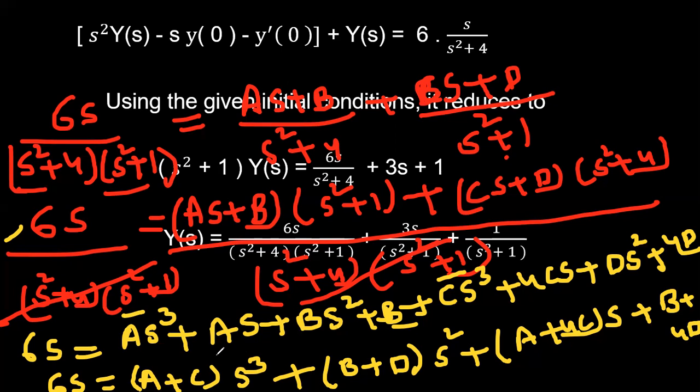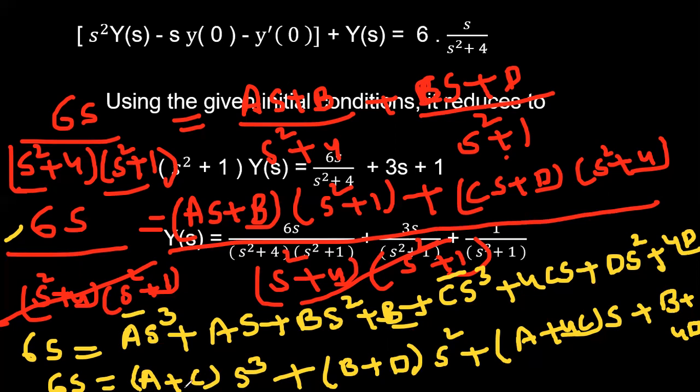So now what we have to do? From this equation, we have to compare the coefficients of LHS side and RHS side, that is equating the coefficients of like powers of s.